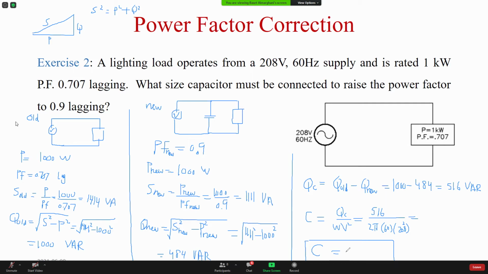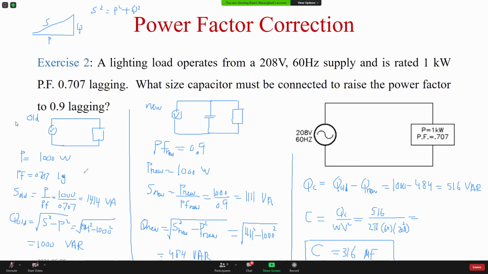So 31.6 microfarad. Now, this is when you have one load, single phase. How is it gonna be if you have more than one load?